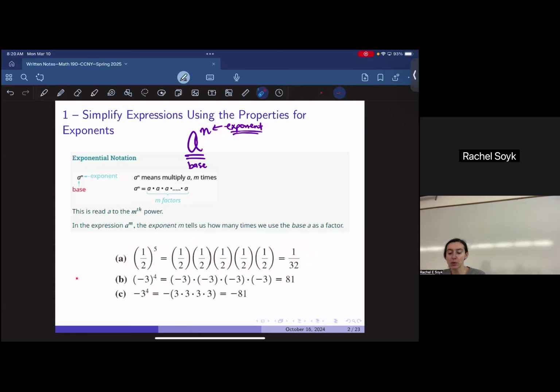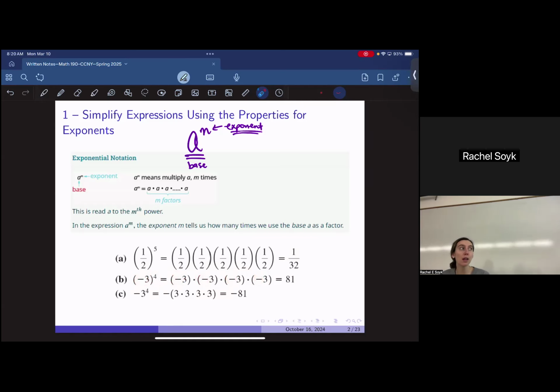Our second example is when we're dealing with exponents, and there's a huge difference between having parentheses around our number versus not, especially when we're dealing with negative values. If we're raising a negative in parentheses to an even number, then that tells us that we're going to have an even number of negative signs.